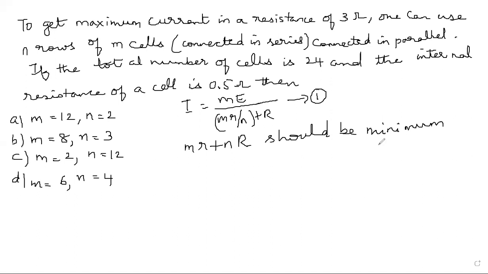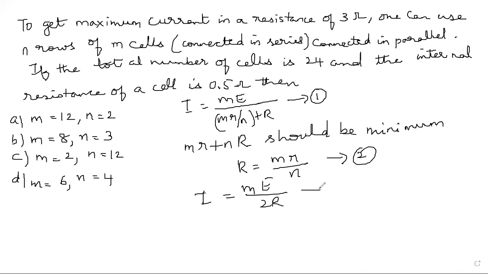So it is minimum for R equal to mr divided by n. So the current in the external circuit will be maximum. So I can write I is equal to mE divided by 2R. So this is equation 2 and this is equation 3.